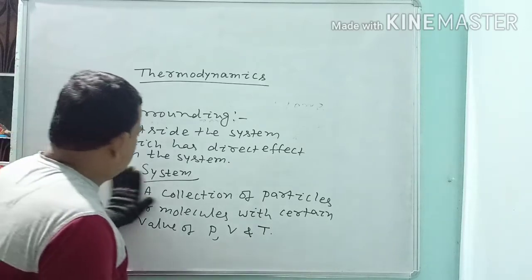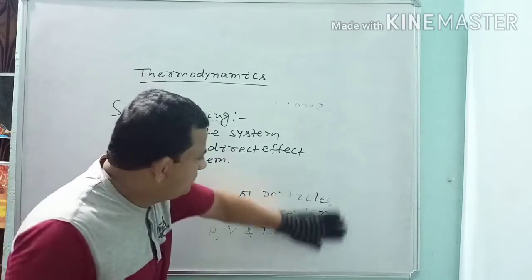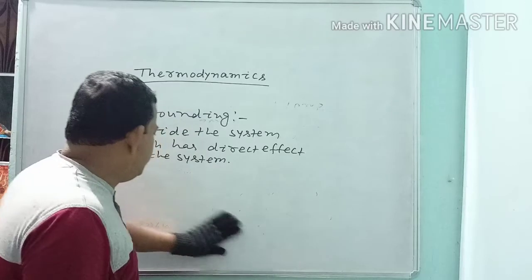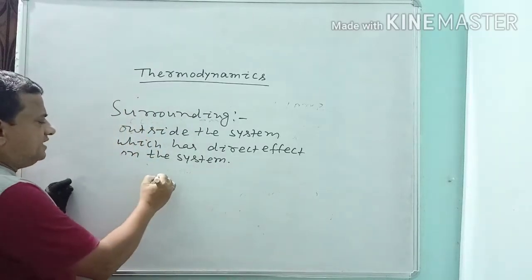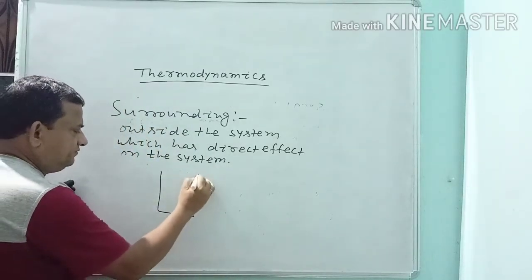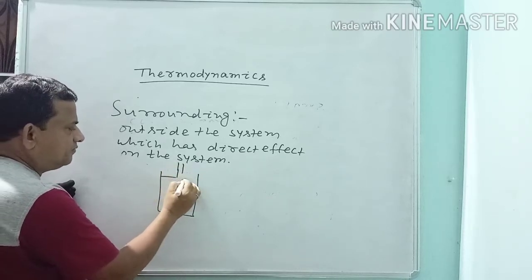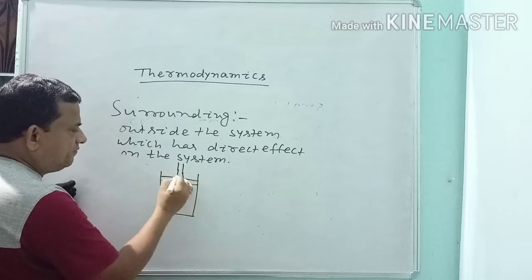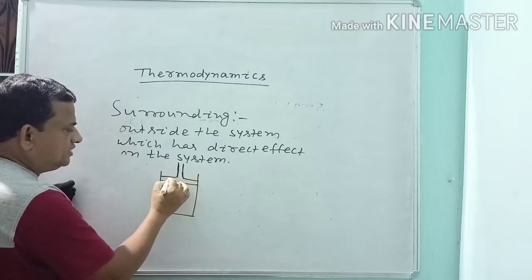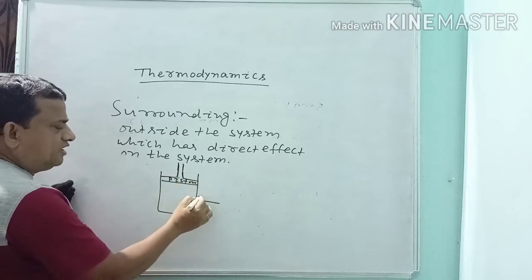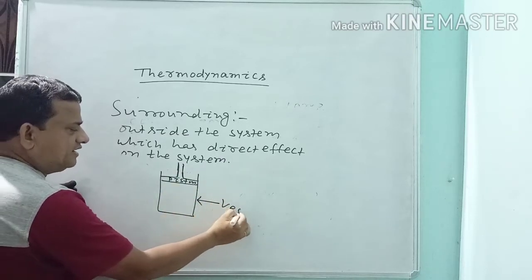If we consider a container like this, suppose I take this is a container. Here is a piston. This is what a piston. This is the container or vessel.